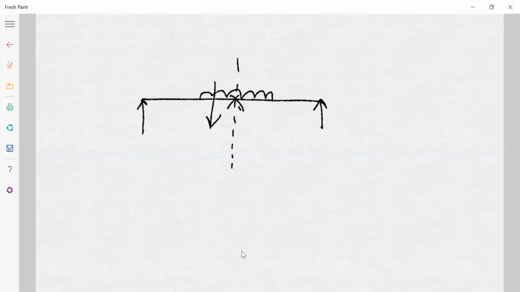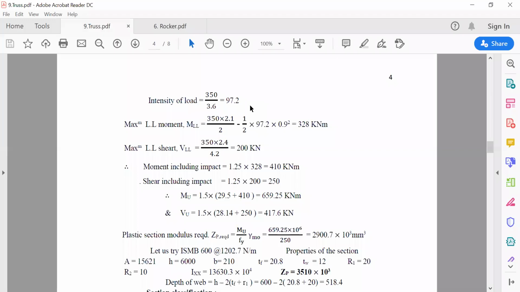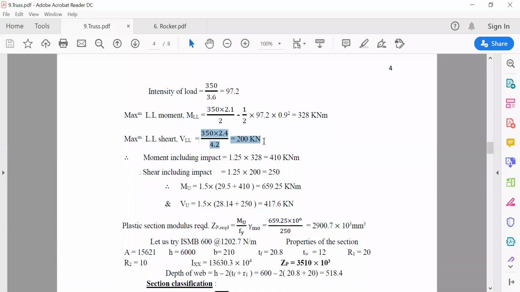We need the load moment at this section. So this into this plus minus this into this, we get the moment. The first term in the equation is this one, and the second term is this one. So ultimately we get this equation.